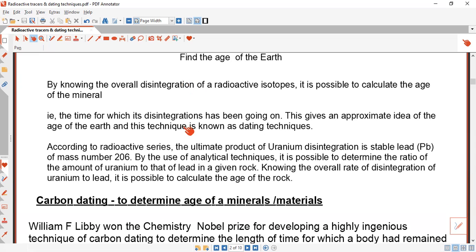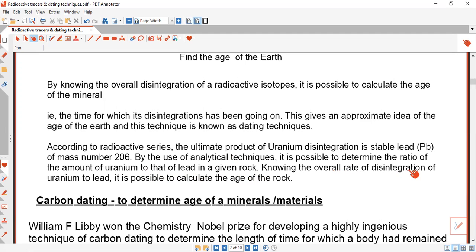According to the radioactive series, the ultimate product of uranium disintegration, that is the uranium series, is lead. So uranium disintegrates to give stable lead with mass number 206. By using analytical techniques, it is possible to determine the ratio of the amount of uranium to that of lead in a given rock.